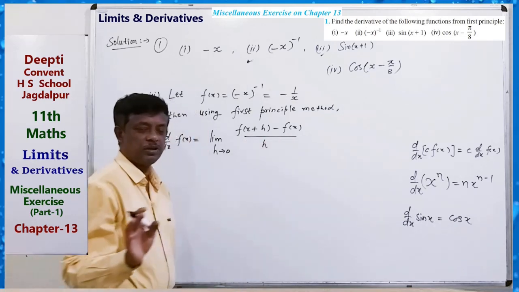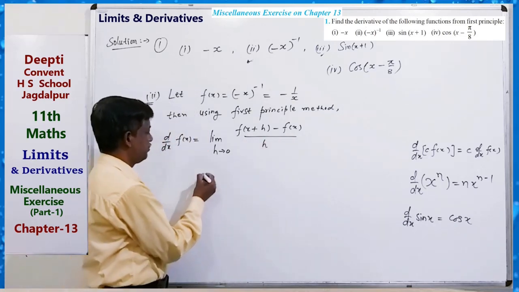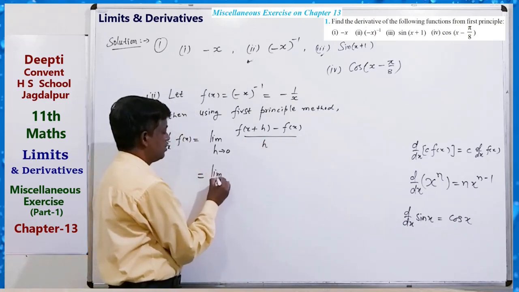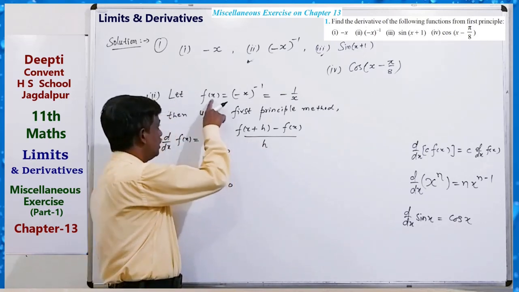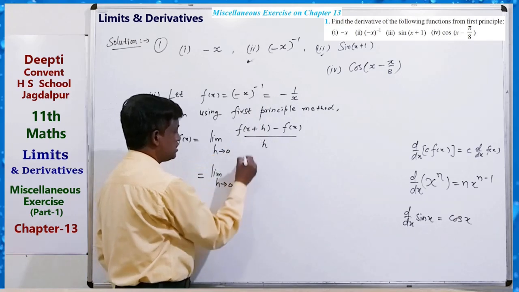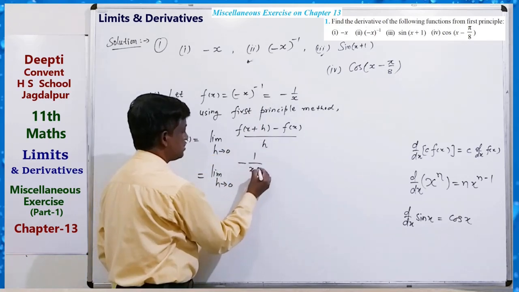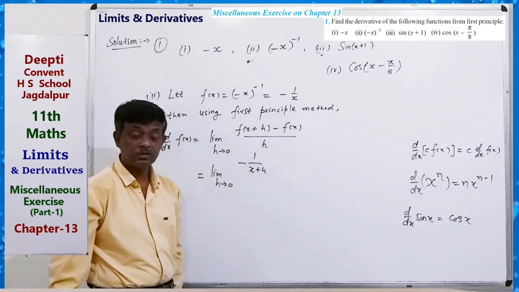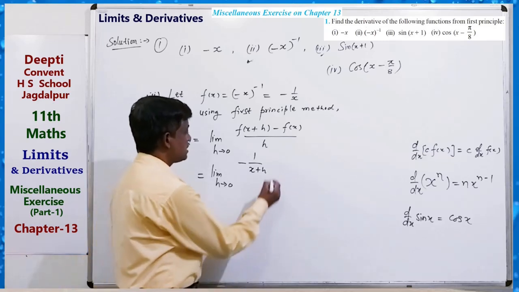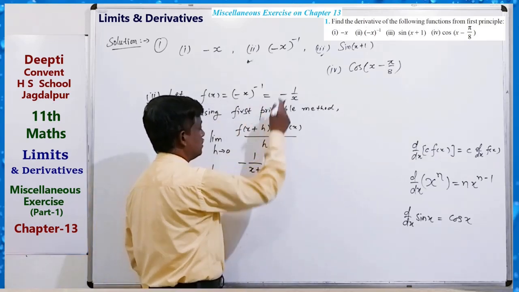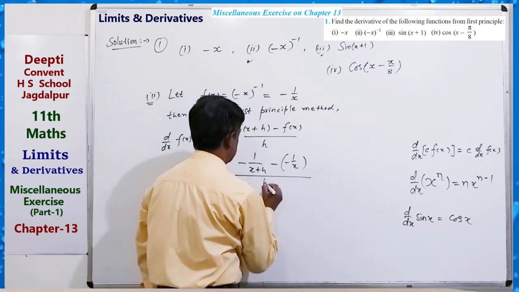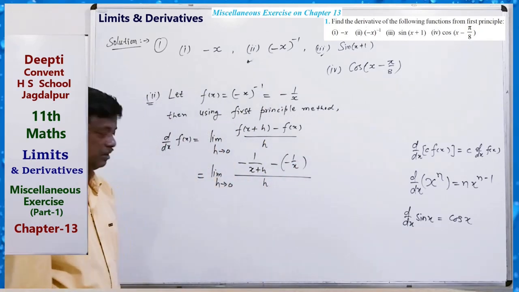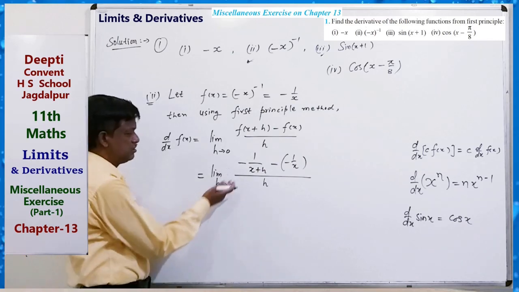This is our main formula. For finding the limit as h tends to 0, f(x) equals this, so f(x plus h) equals minus 1 upon x plus h, minus f(x), minus 1 by x, all upon h. Our target is finding this limit.